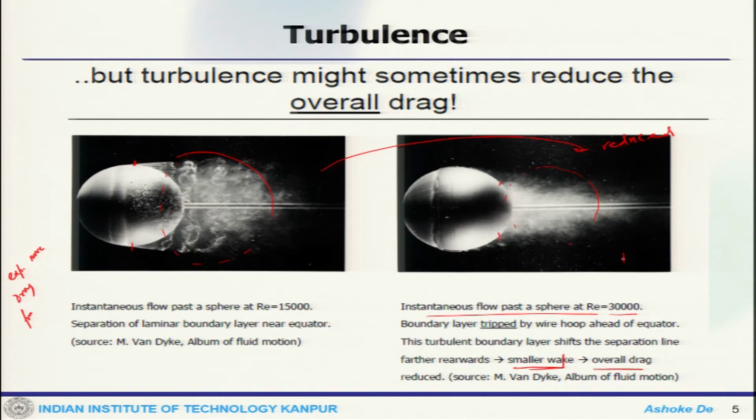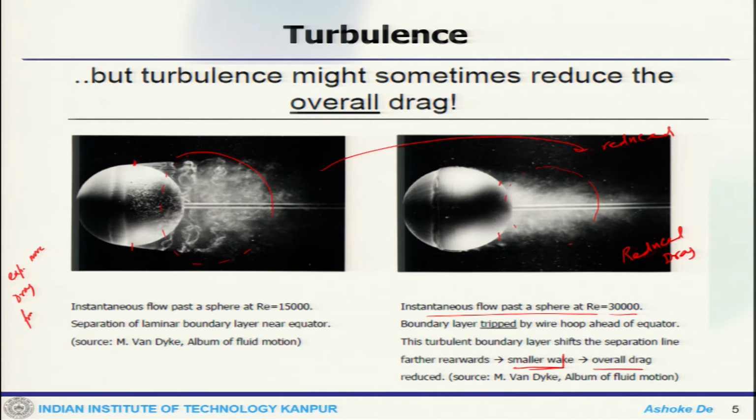In this case you get reduced drag. That means if you have a laminar boundary layer which separates, it actually creates more drag. And this is why, when I talked about the cricket ball dynamics, the player rubs the ball on one side and keeps it smooth on the other side.